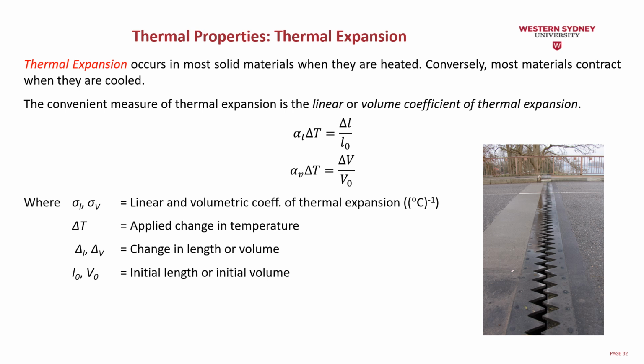So the volumetric coefficient of the thermal expansion is once again equal to the change in the volume divided by the original volume, and this will be equal to alpha multiplied by delta T. So delta T is going to be in degree or Kelvin, and the volume is going to be in cubic meter. So this is going to be unitless, and this tells me that the value I'm going to have here is going to be in per degree, sorry.